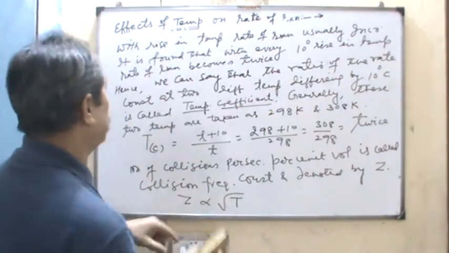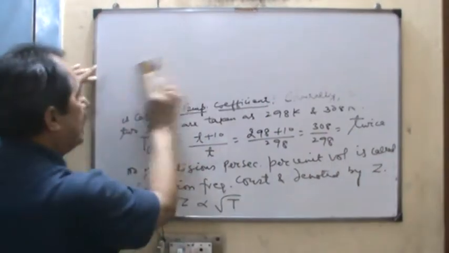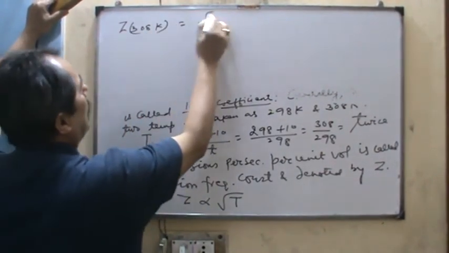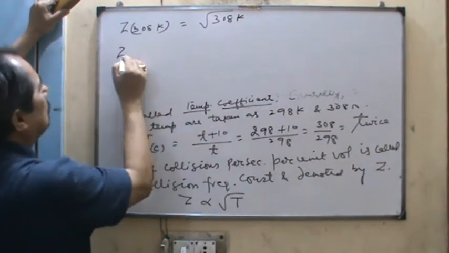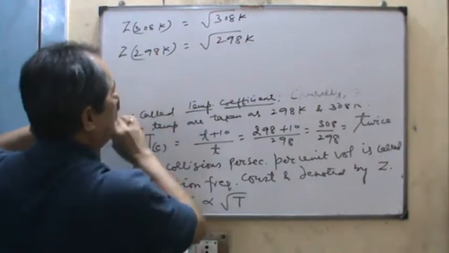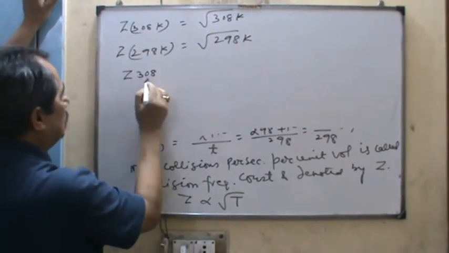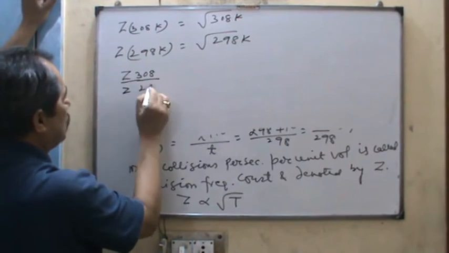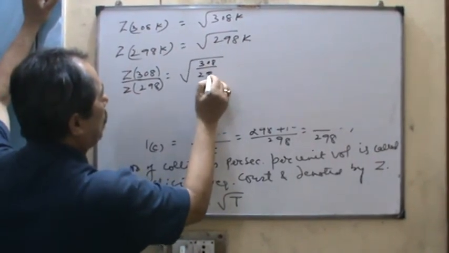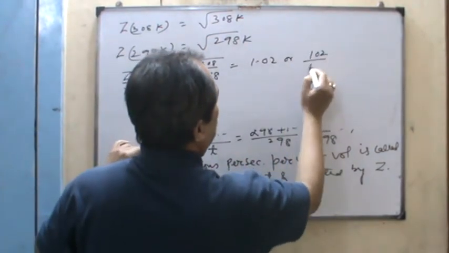So Z is directly proportional to the square root of temperature. Z at 308 Kelvin equals under root 308, Z at 298 Kelvin under root 298, and hence the ratio between these two temperatures, Z at 308 upon Z at 298 Kelvin, equals under root 308 upon 298, that is found to be 1.02 upon 1.00.